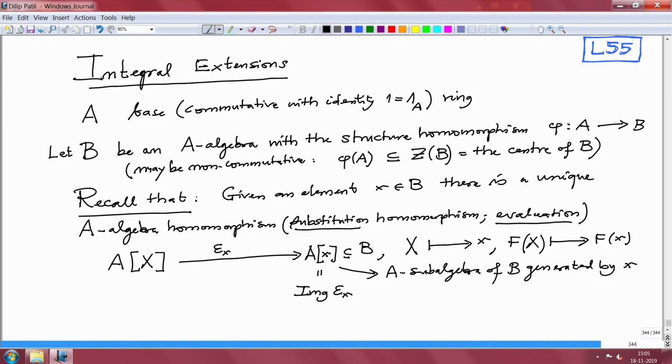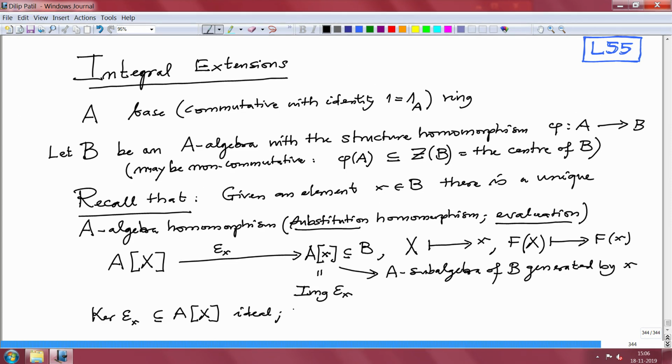What about the kernel? Now this is an ideal contained in A[x], because E_x is a ring homomorphism. Unfortunately, if you have a general commutative ring and a polynomial ring over that in one variable, we don't know exactly the structure of ideals there.